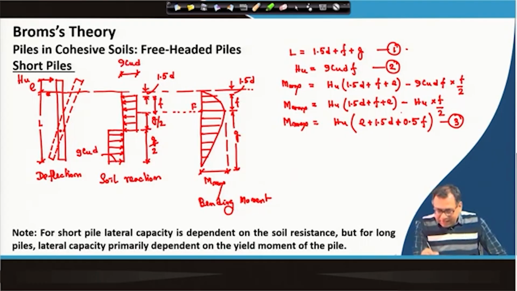So, I can calculate the maximum moment in another way also, by taking the moment of the lower part of F, okay? Because this will also give me the maximum moment.